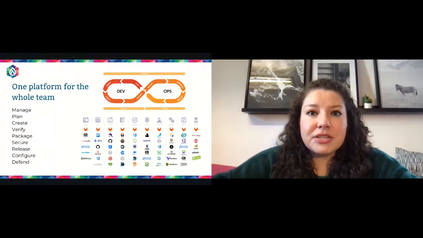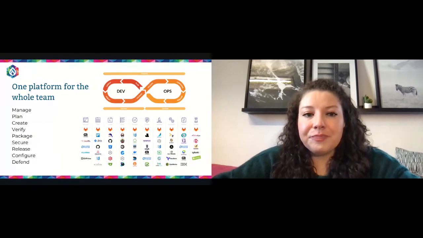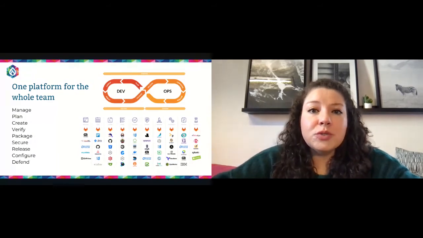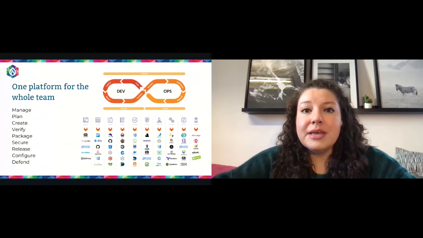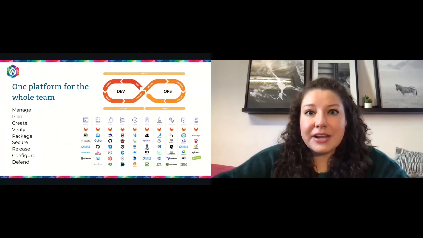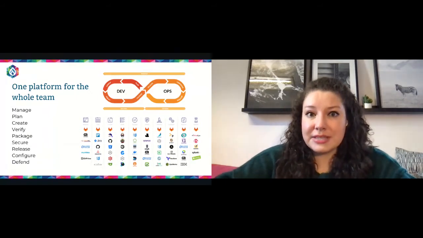And in the image to the right, you can see how we compare to a lot of different competitors for each of the different stages. GitLab is not just a place to host code, but it really is the entire platform for everybody to work on together in order to create the software.